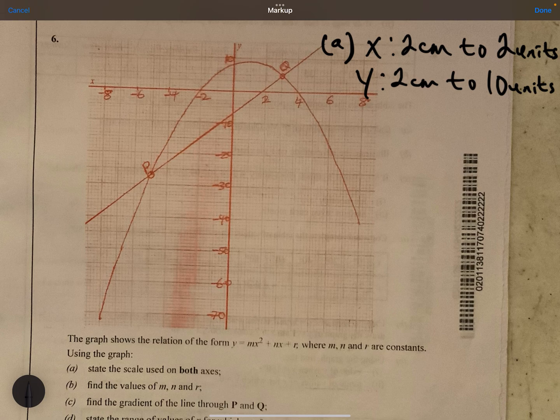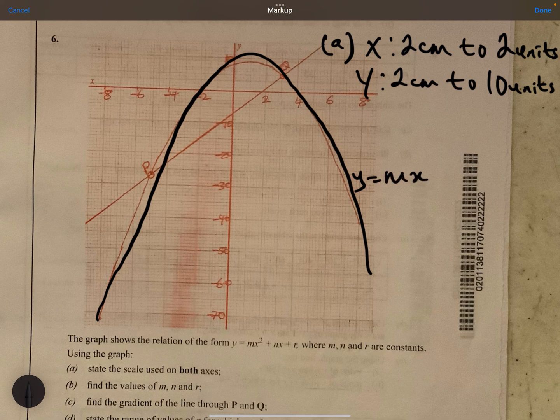The second question is find the values of m, n, and r. We can see that this is a graph of the relation y equals mx squared plus nx plus r. The points where it intersects the x-axis are the solutions of mx squared plus nx plus r, obtained when y equals 0.